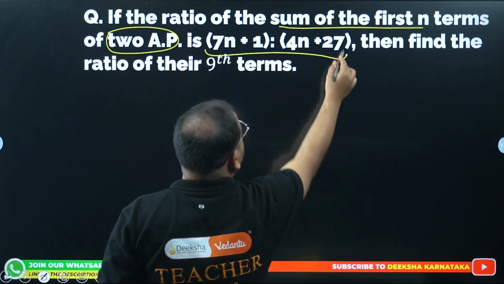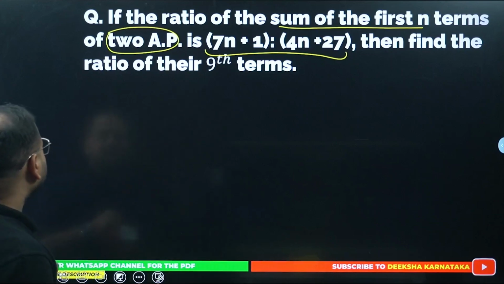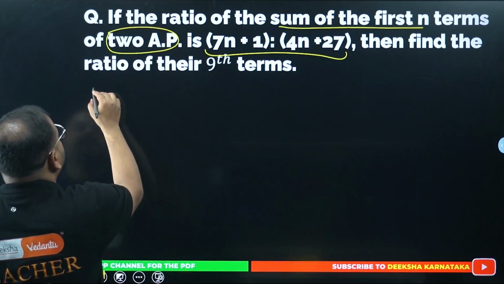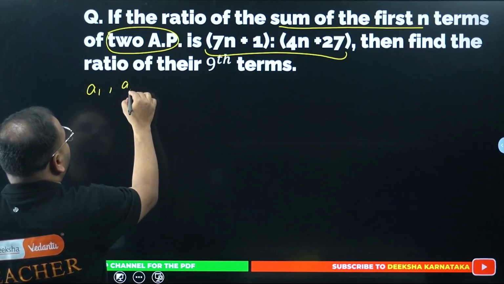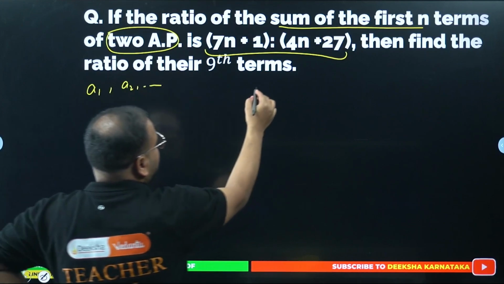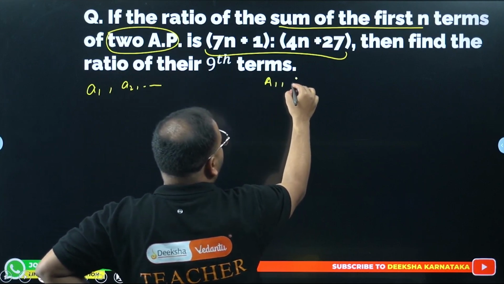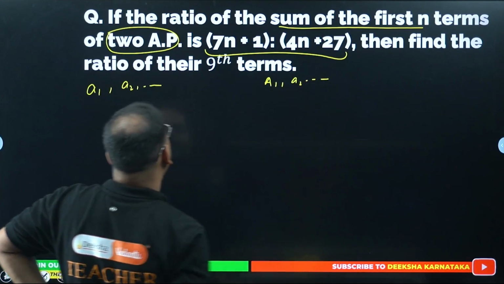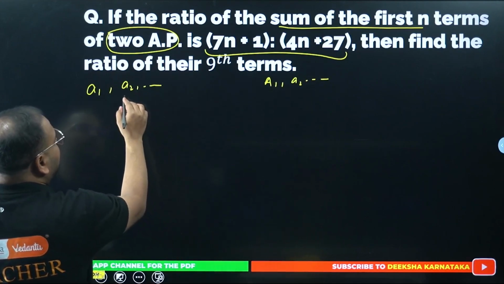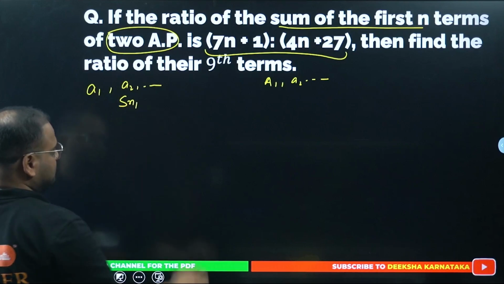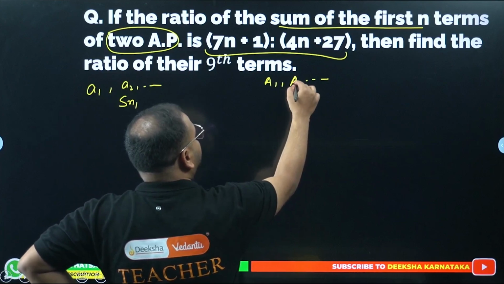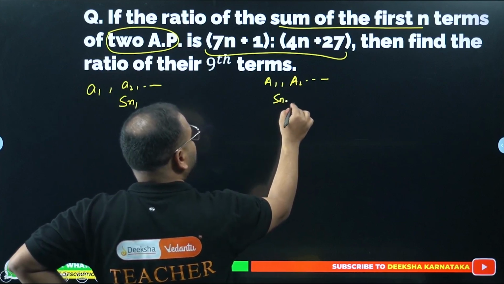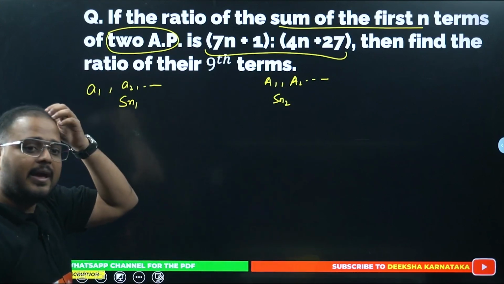So let's say the first AP is A1, A2, like that, and the second AP is A1, A2, and like that. For the sum of the first AP, I'll call it Sn1, and for the second AP, I'll call it Sn2.